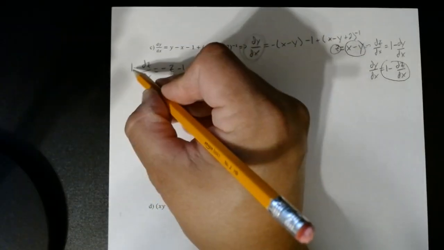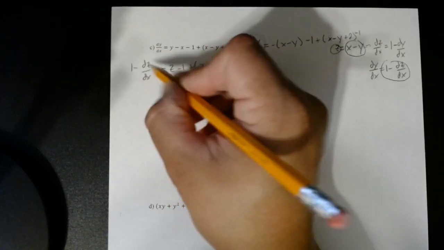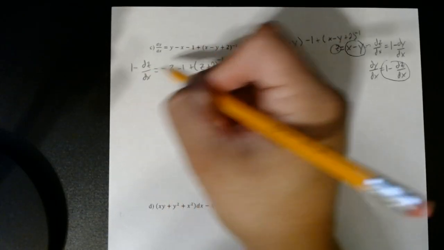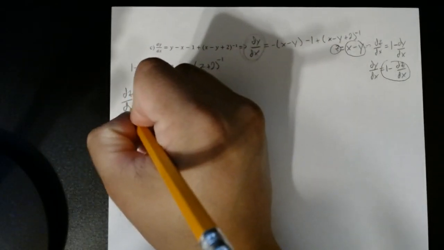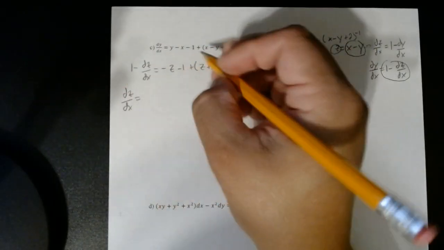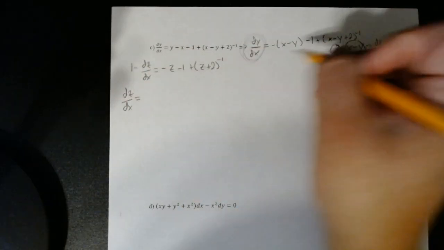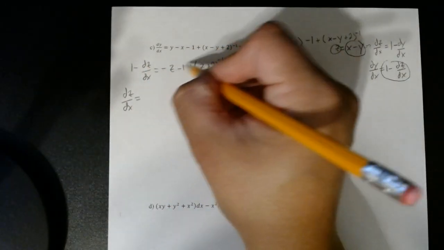So first off, I'm just going to make this positive because this is not fun to do. So I'll subtract this 1 over and multiply by negative. So subtract this 1 gives you a negative 2, and then multiply everything by negative 1 makes positive, positive, negative.